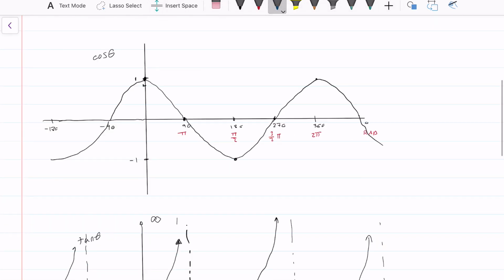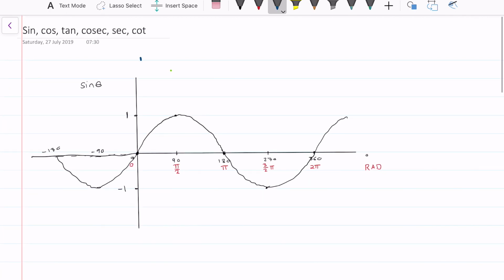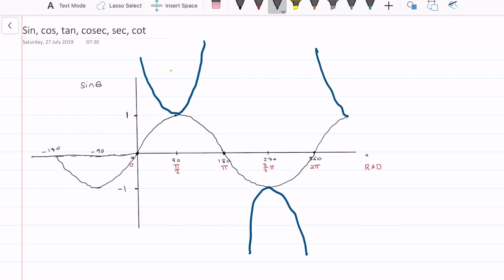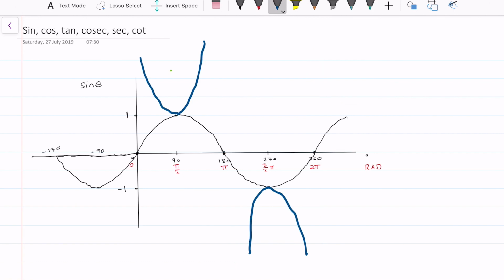So cosec theta looks something like that, with asymptotes there. Okay, so it essentially just hits at the peaks. But again, you don't need to know how to draw these. It's just important to know how they are defined, and we often use them in calculations.